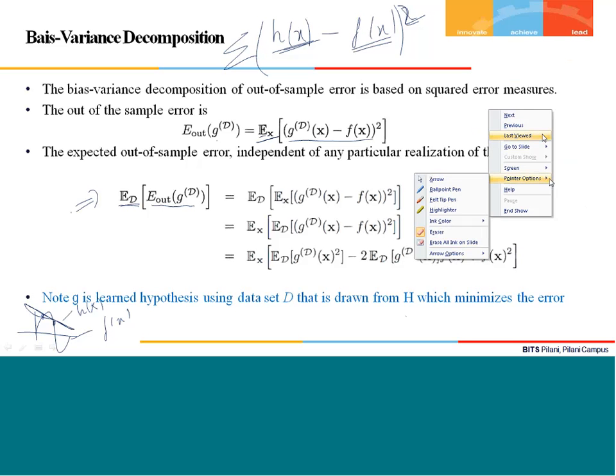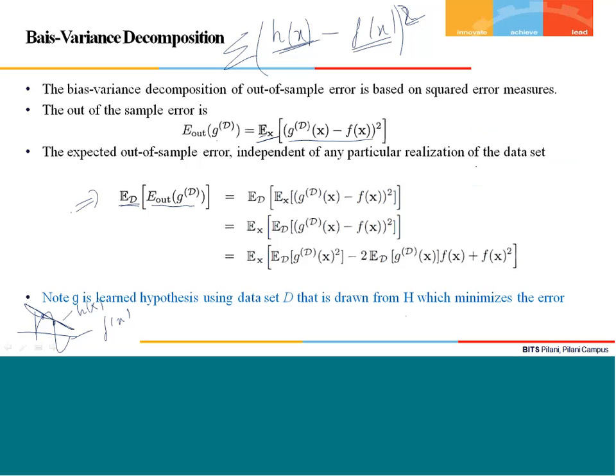So just to write it for you, for example, for data set D1, I get expected error, let's say 3. For D2, I get E_x equals 4. For D3, I get the expected value of E_x equals 2. Now, on average over data sets, what is the expected value for X? That is what I'm calculating here.